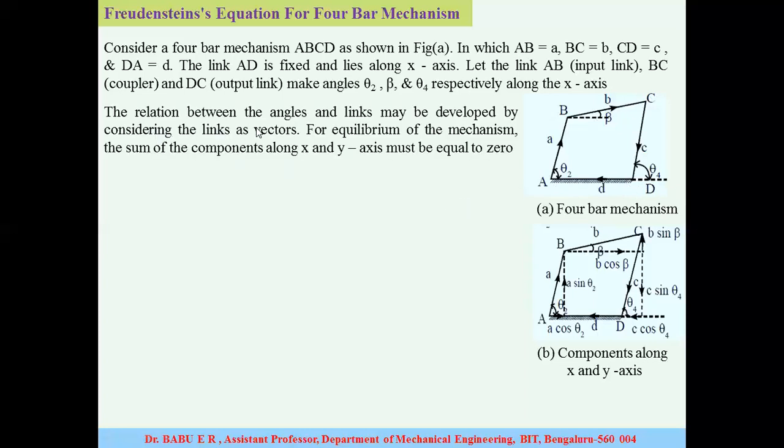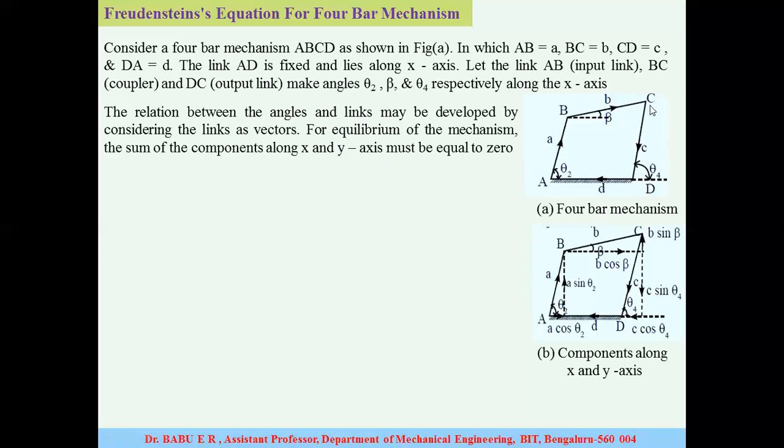The relation between the angles and links may be developed by considering the links as vectors. So here every link is represented by a vector A, vector B, vector C, and vector D in order to develop the relation between the angles and links. For equilibrium of the mechanism, the sum of the components along the x and y axis must be equal to 0.